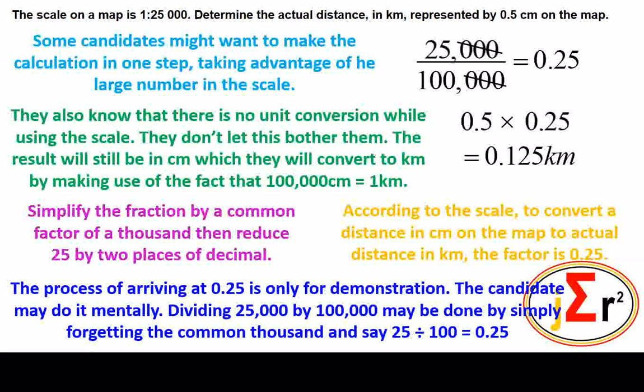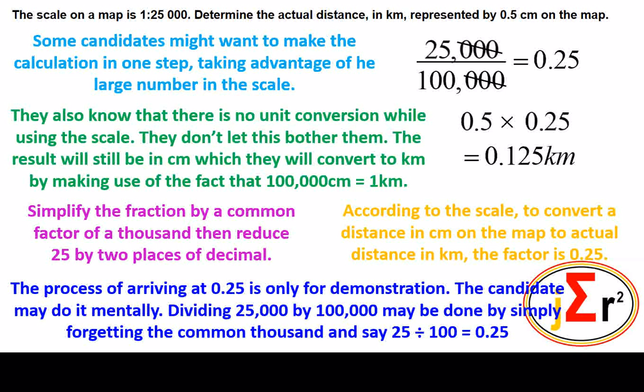We just look and see 25,000, we divide that by 100,000, that will give us 0.25. We do that mentally. And then we just use that as a scale factor to convert the 0.5 centimeter straight to kilometer in actuality. So the process of arriving at 0.25 is only for demonstration. The candidate may do it mentally.